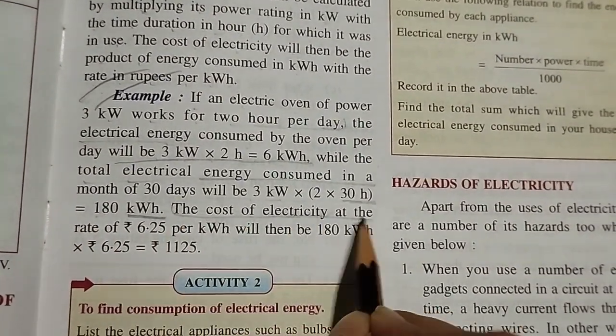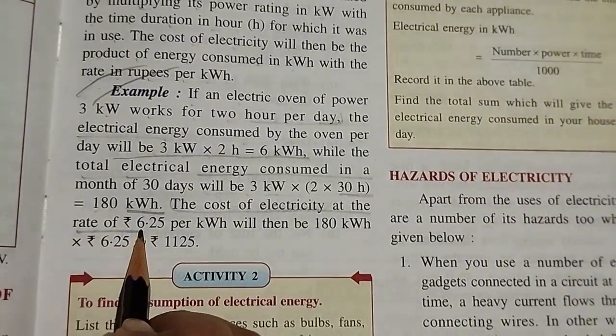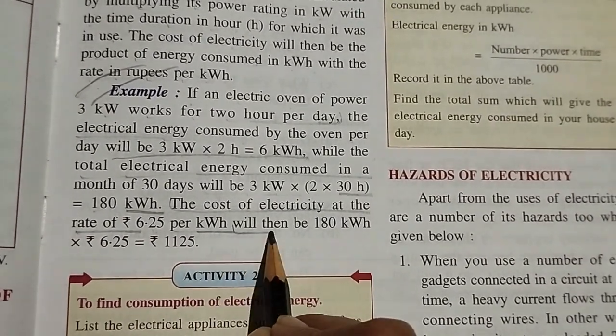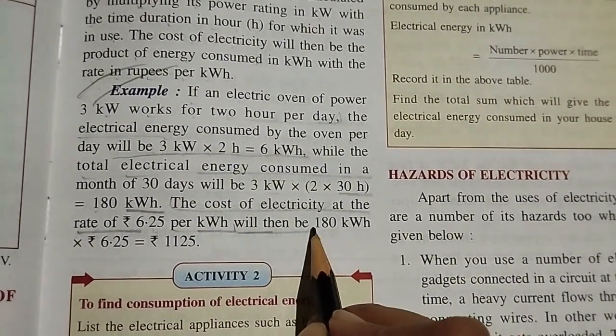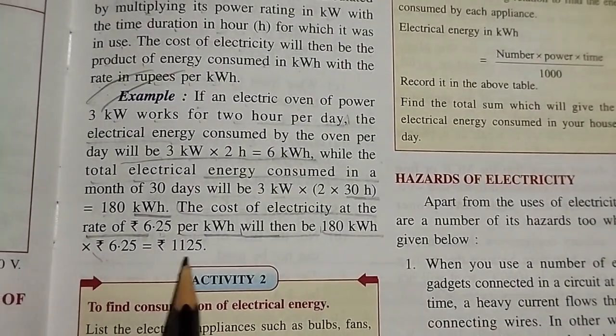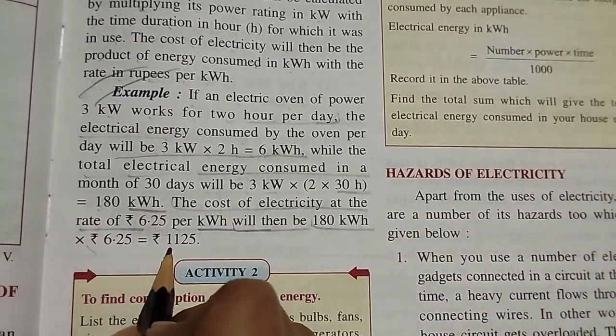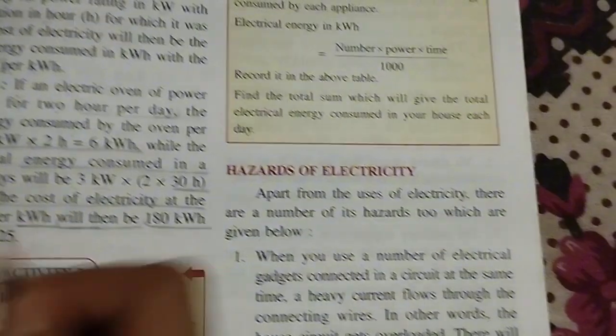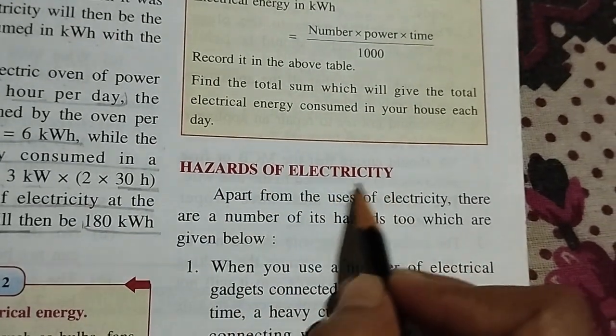The cost of electricity at the rate of rupees 6.25 per kilowatt hour will then be 180 kilowatt hours × 6.25 = 1125 rupees.